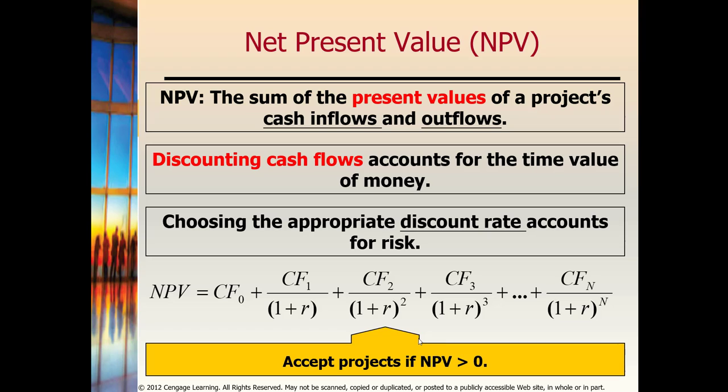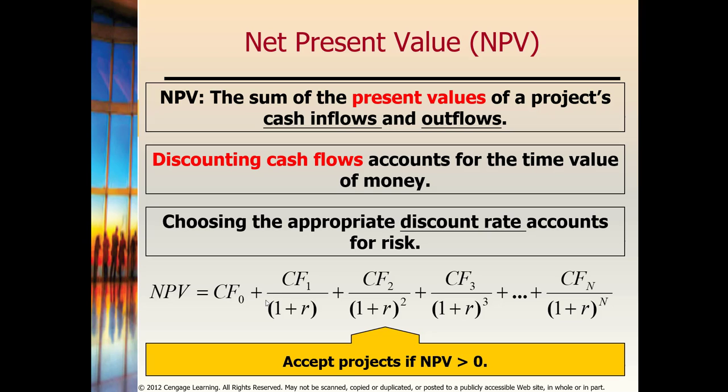The decision rule for net present value is that you accept a project if the net present value is greater than 0. What does that mean? That means this project can create positive value for the company. Normally this initial term is negative because it's a cash outflow.